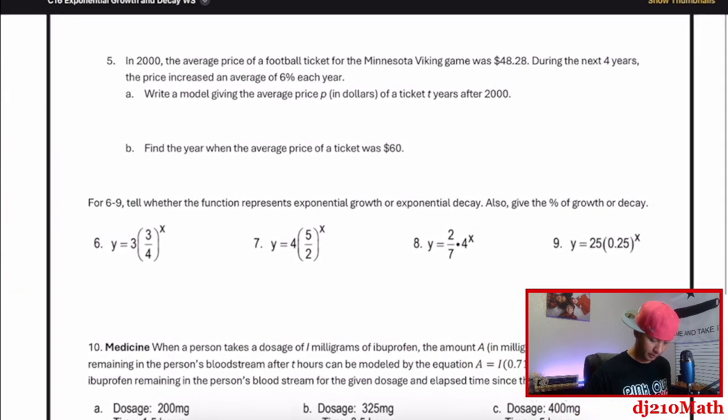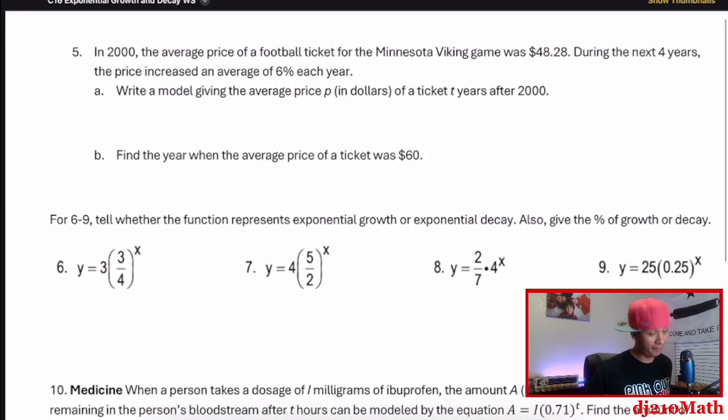All right. In 2000, number 5. In 2000, the average price of a football ticket for the Minnesota Vikings game was $48.28. During the next 4 years, the price increased an average of 6% each year. Write a model giving the average price P of a ticket T years after 2000.